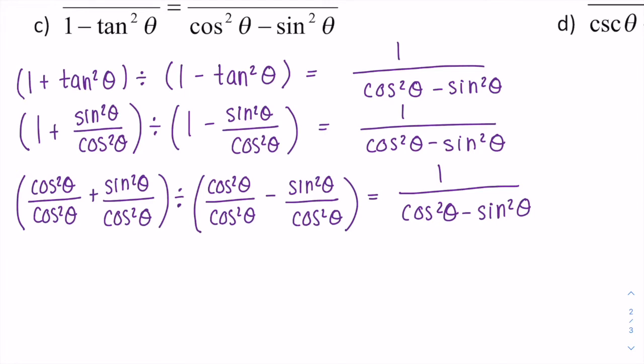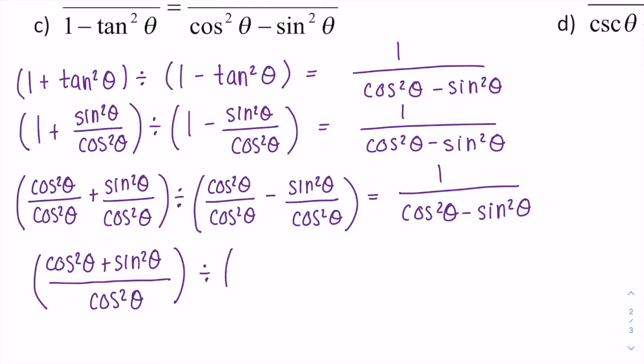All right, so let's simplify those brackets. When we're adding and subtracting, we keep our denominators and we add or subtract our numerators. There's our first one, our second one.